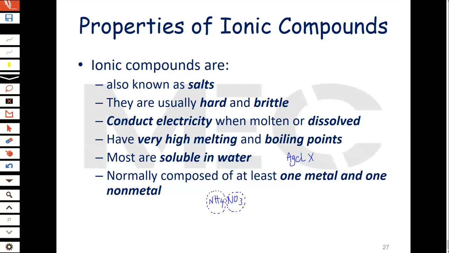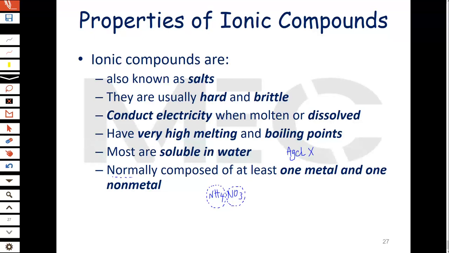All are composed of non-metals. NH4 plus is ammonium, NO3 minus is nitrate. So this is an exception, but we've said normally and usually. Okay, it's enough for this session about ionic compounds. From the next session we'll start physics.